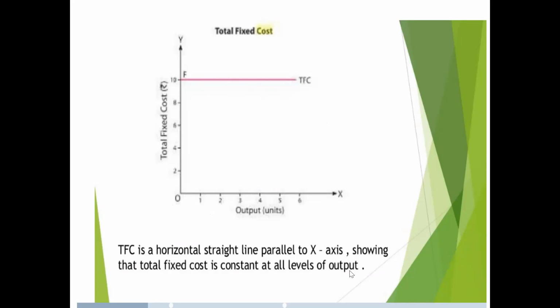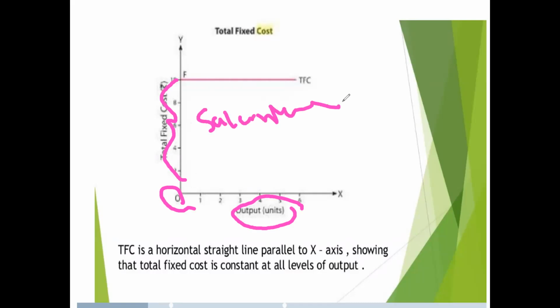Another very important point to keep in mind: even if we do not produce, and the output or quantity equals zero, we still have to incur this 10. So what are the values that we consider as fixed cost? For example, the salaries for the administrative persons or the warehouse persons.